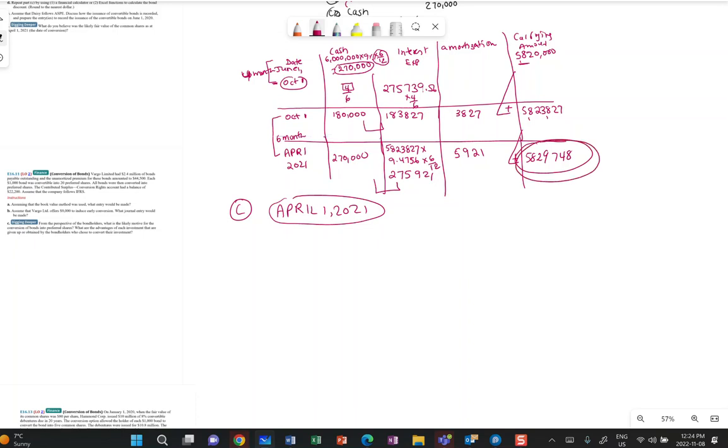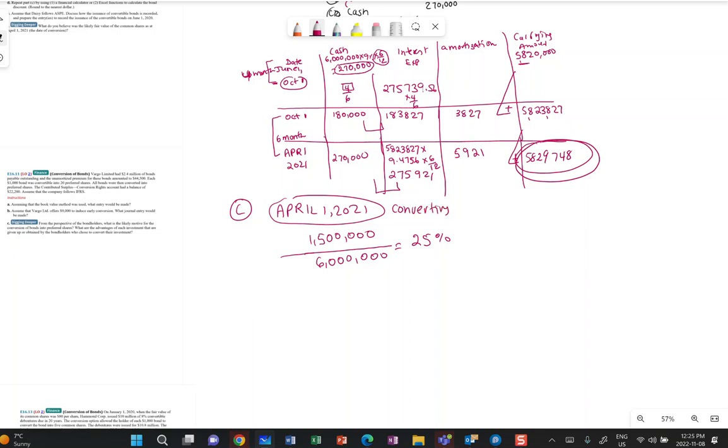But we're not retiring the full bond, only a partial of the bond. Sometimes they tell you 100%. In this case, they told us that we are converting only 25% of the bond. This is how we got the 25%.